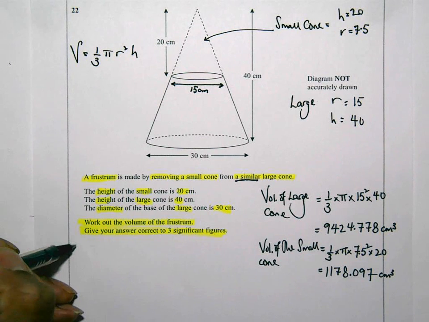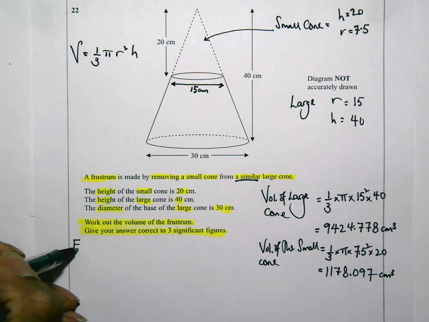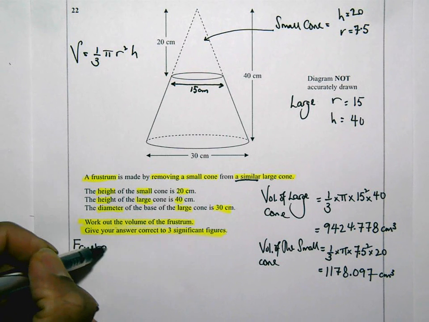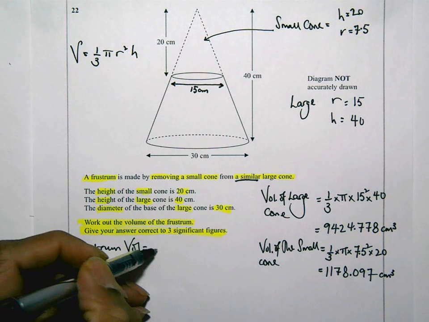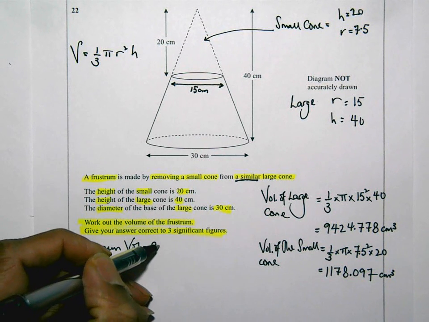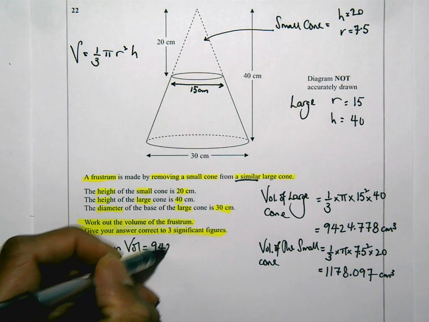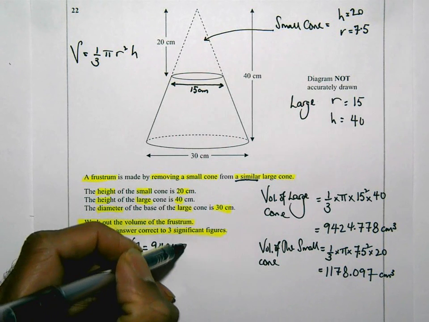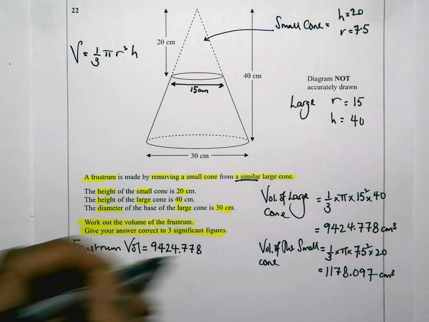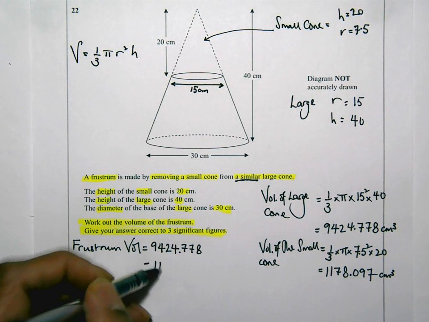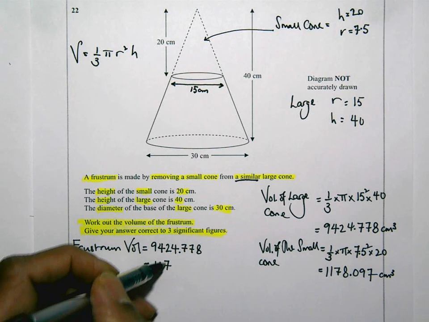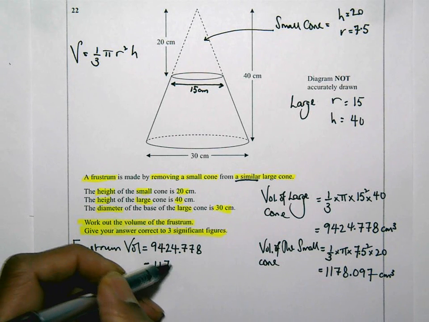So we've gotten almost to the point of answering this. The volume of the frustum is going to be the volume of the big cone, 9,424.778, minus the volume of the small cone, which is 1,178.097.